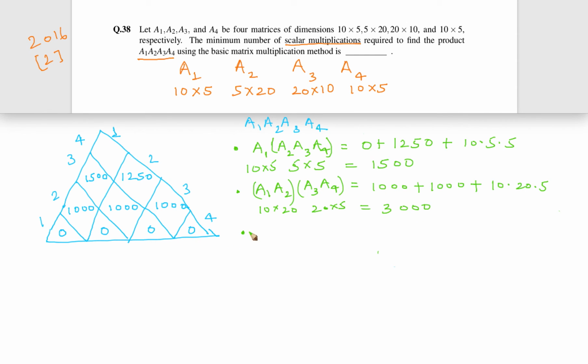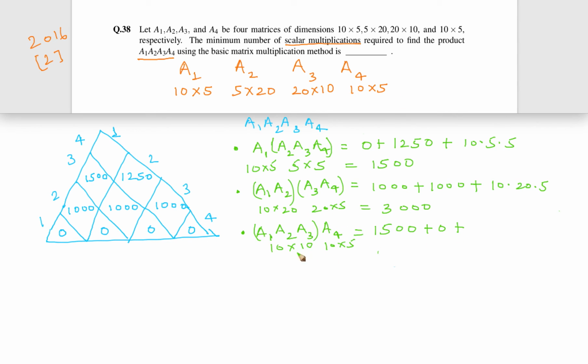And the last way will be A1, A2, A3, which is one subproblem, and A4. Now A1 to A3 is in the table as M1,3, and we already know it is 1500, plus 0 since A4 is a single matrix, plus the cost of the final multiplication. The resultant matrix A1 into A2 into A3 will be of dimension 10 cross 10, and A4 is 10 cross 5.